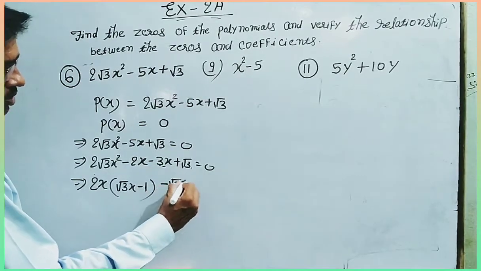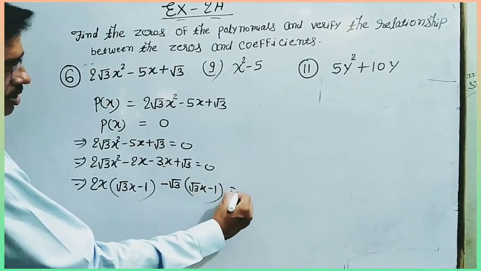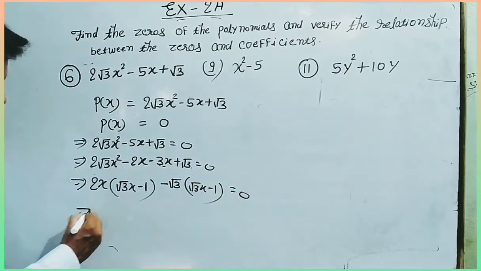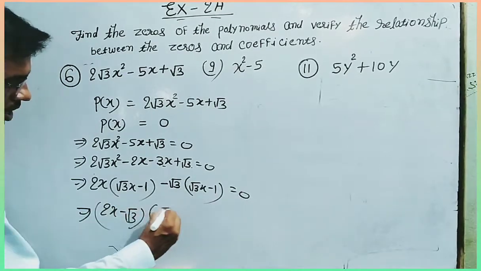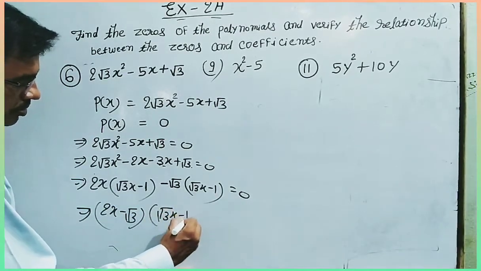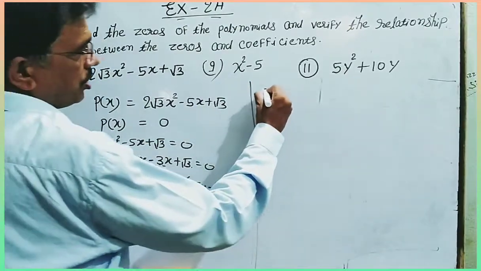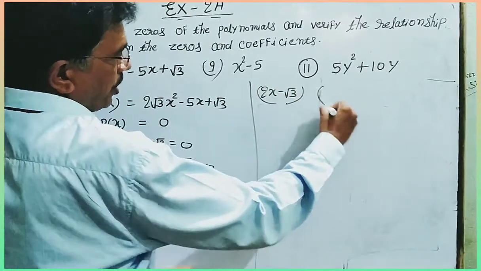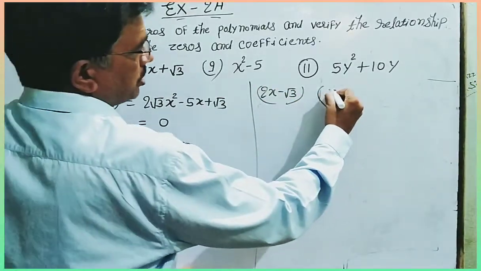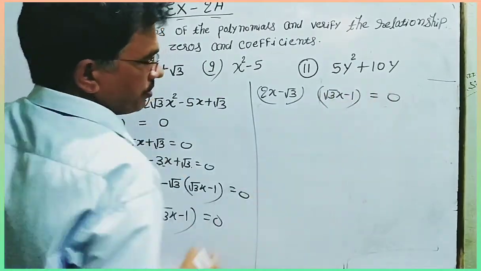So here is minus root 3, and then root 3x minus 1 is equal to 0. So 2x minus root 3 and root 3x minus 1 is equal to 0.